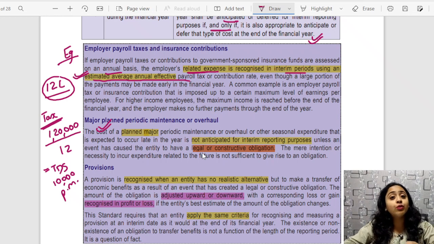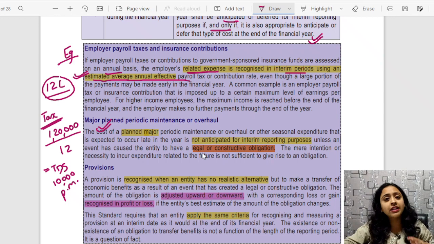But if you have no such contract, if you just have a plan, then you will ignore it, and you will record it in your accounts as and when it actually occurs.